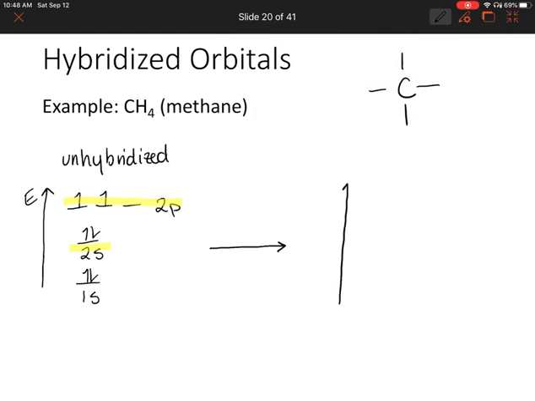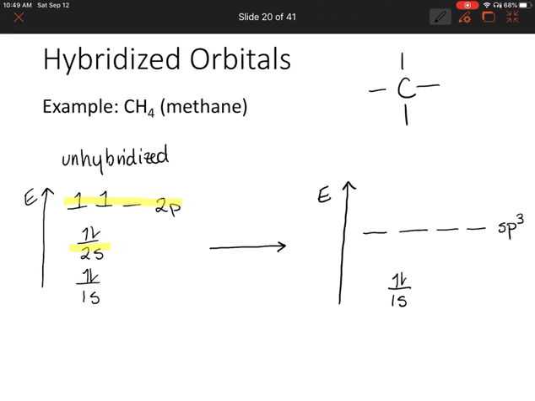And now we're going to have our 1s orbital still, so that stays the same. But the 2p and 2s orbitals are going to combine, or hybridize, to make 4 sp3 hybrid orbitals.